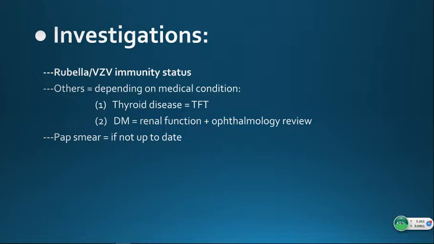Other investigations will depend on the medical conditions of the woman. For example, thyroid disease, you need to check their thyroid function and optimize their control before they get pregnant. Diabetes, you might have to look at renal functions, ophthalmology, and you can consider a pap smear if it's not up to date.